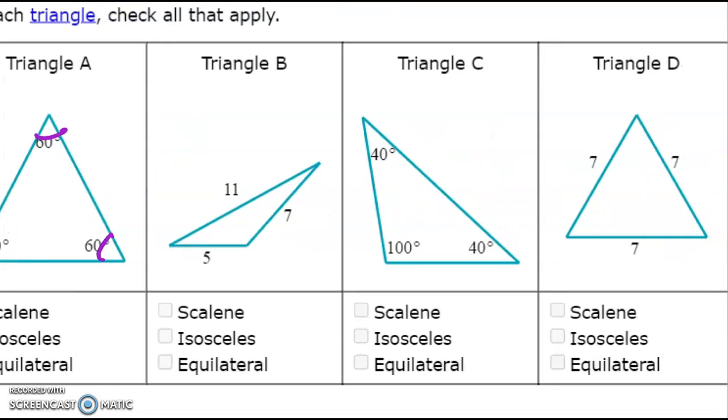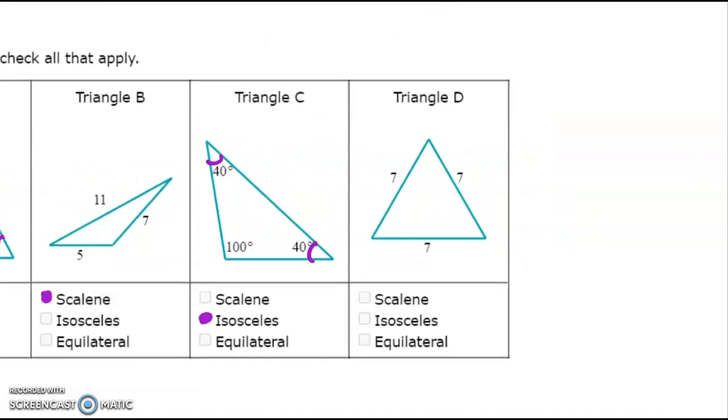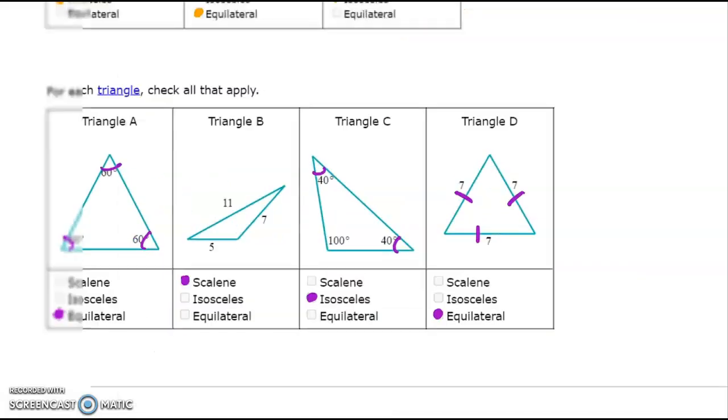That's equilateral. Triangle B, three different side lengths. All right, so that's going to be the scalene example. Triangle C, we just have the two base angles congruent, so that is isosceles. And then triangle D, all three sides, equilateral.